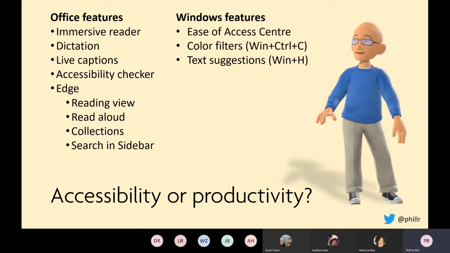For people who are profoundly blind, it allows audio to read back from web pages and things like that. Then some of the things we can do in Edge, but then, as I say, also some of the Windows features. So let's pop on straight away to Immersive Reader.